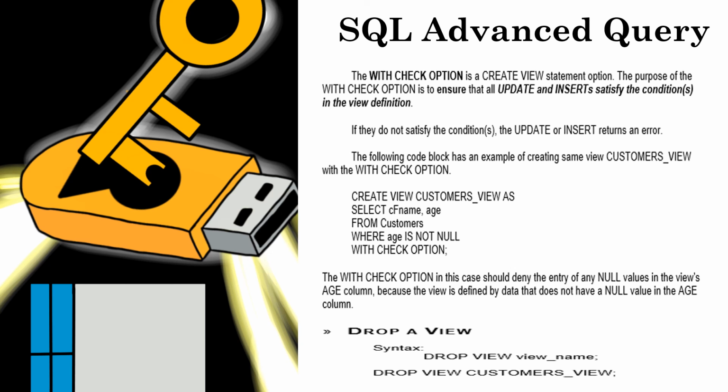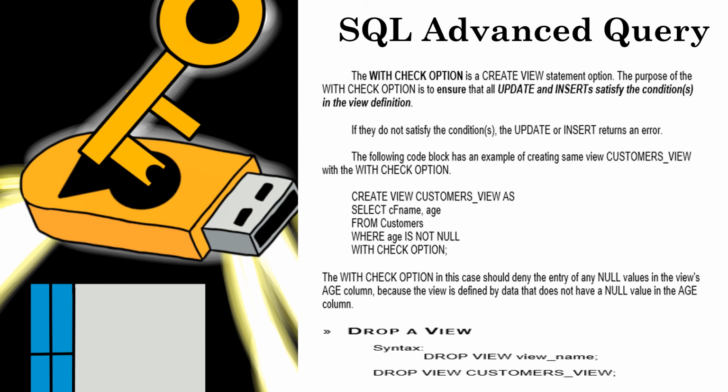The WITH CHECK OPTION denies the entry of null values in the view's age column because the view is defined by data that does not have a null value in the age column.